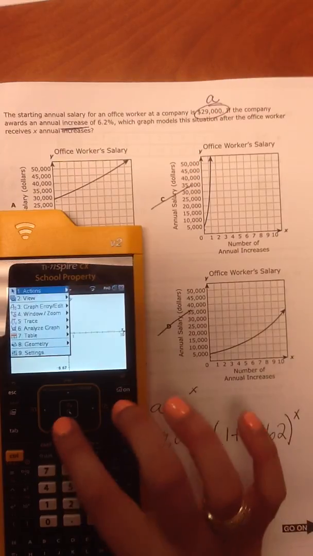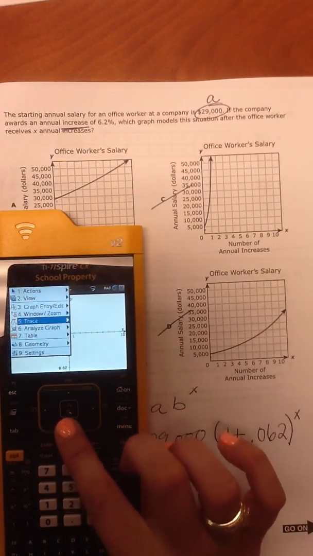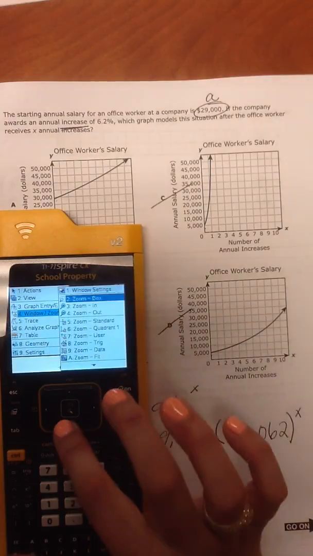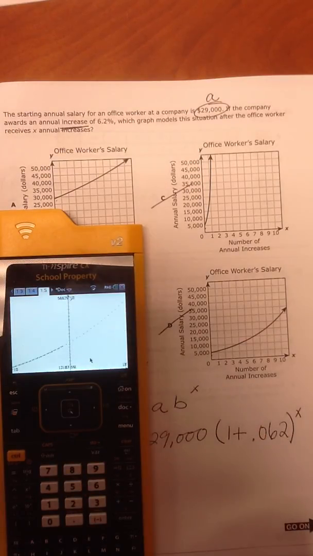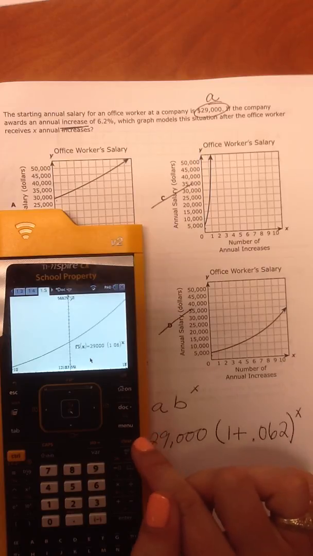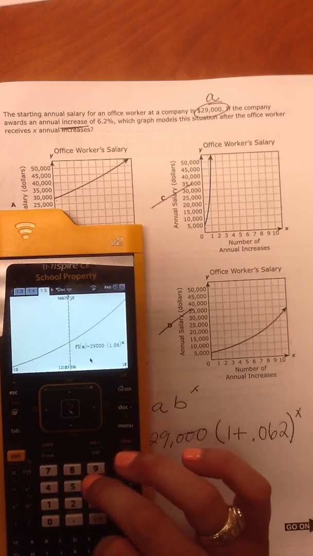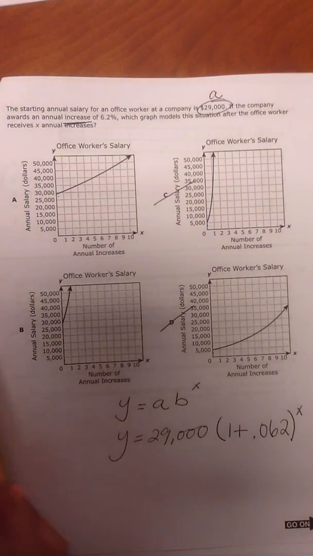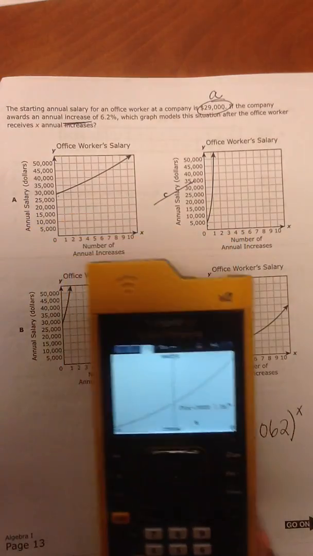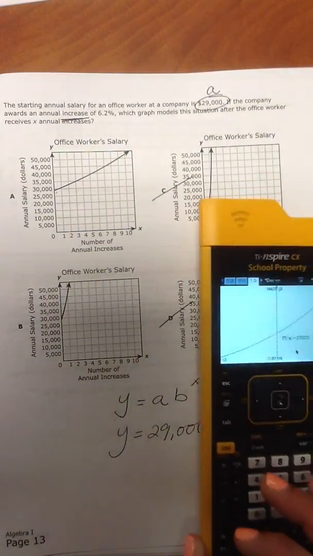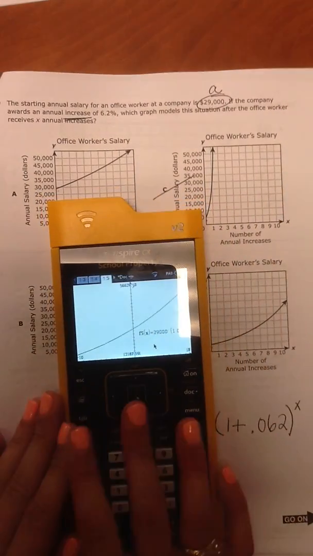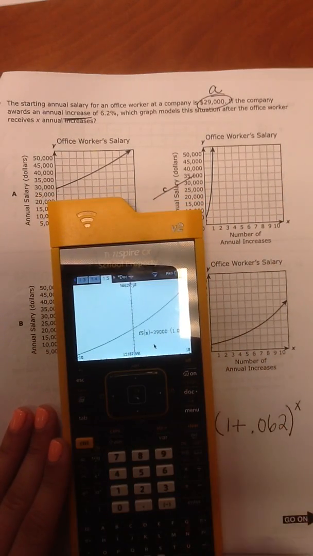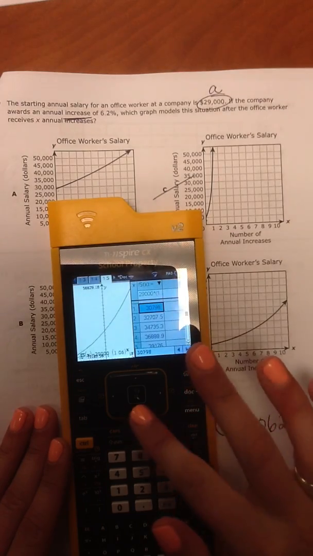I don't see it on my graph, so I'm going to menu, zoom to fit first. Okay, and I'm starting to see it. So now I'm gonna kind of zoom out a little bit and see what's going on here. And actually, my better bet is I'm gonna go to Control T and I'm gonna look at my table and see which points match the best.